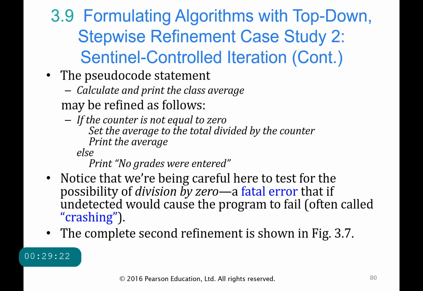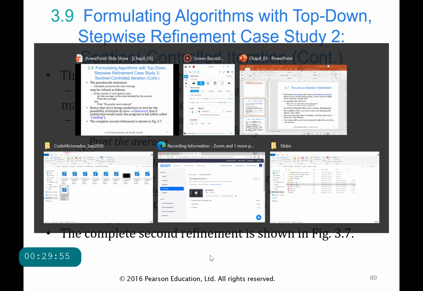All right, and then finally, one more thing that we need to ensure. It is possible that the very first value that the user enters is the sentinel value. So if the first time you ask the user to enter a grade and the user enters -1, then that means he does not want to enter any value, and you want the program to terminate, and you don't want it computing any values.